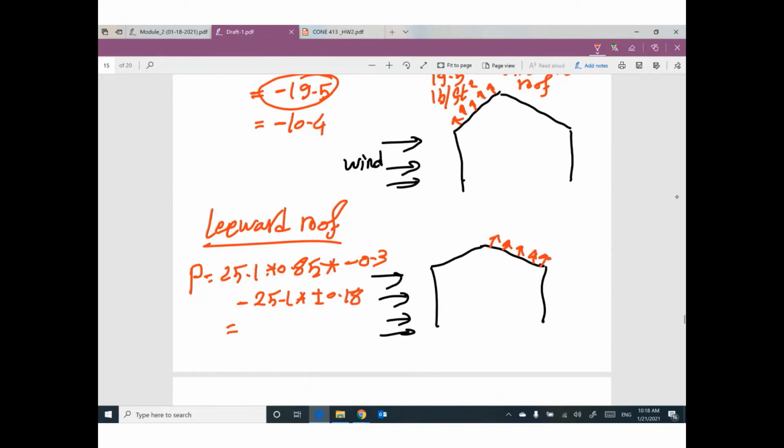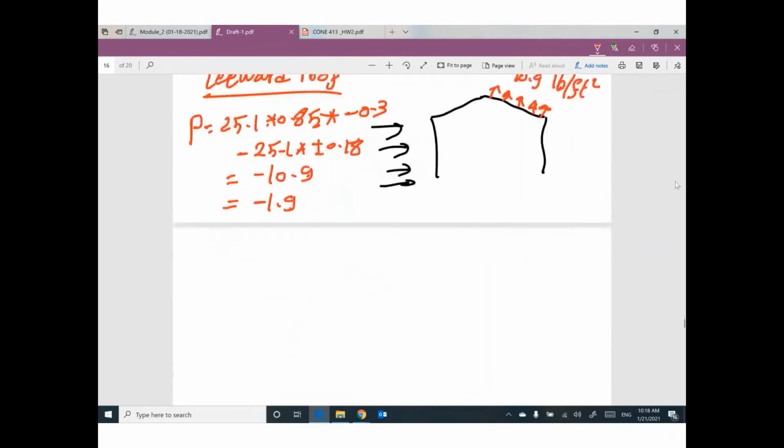So we will have two values. Negative 10.9, and another smaller value, negative 1.9. So this value will be negative 10.9 pounds per square feet.